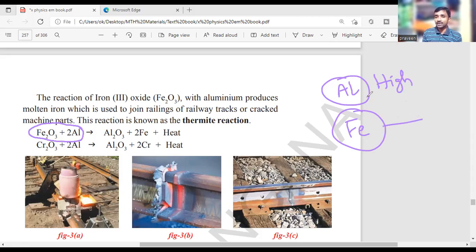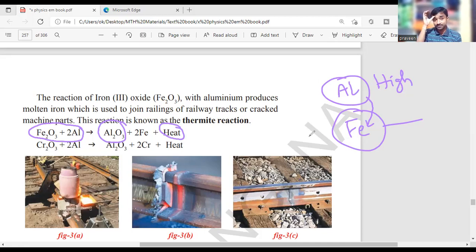That aluminum combines with the metal oxide to displace the metal from the oxide, and it gives you Al2O3 by displacement. In this process, they liberate heat. This process is called the thermite reaction.